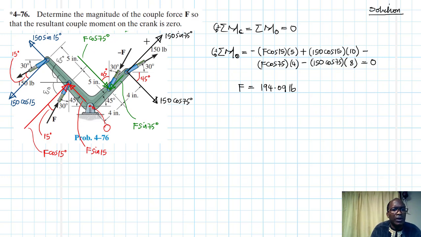Great. So this is the value of F, which is the couple force, so that the resultant couple moment on the crank is equal to 0.